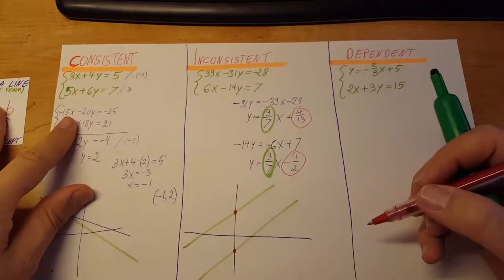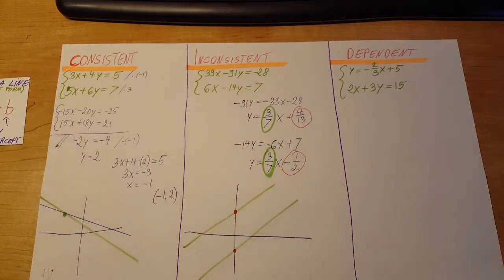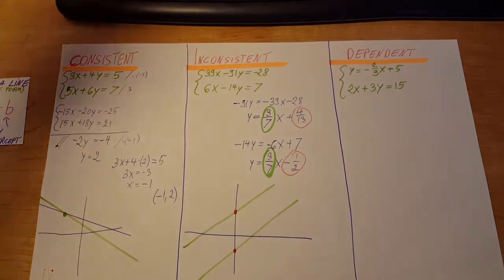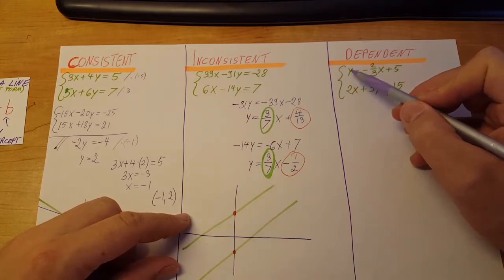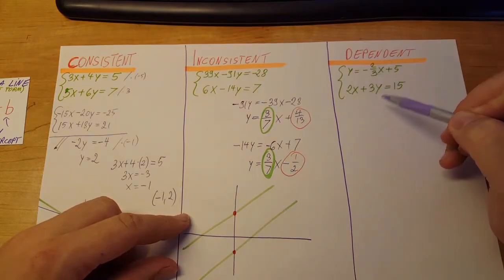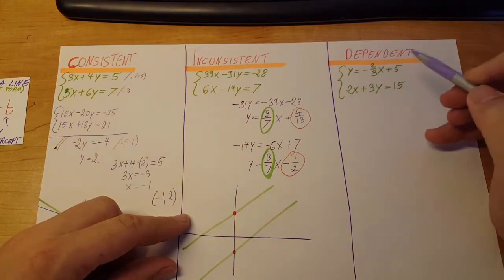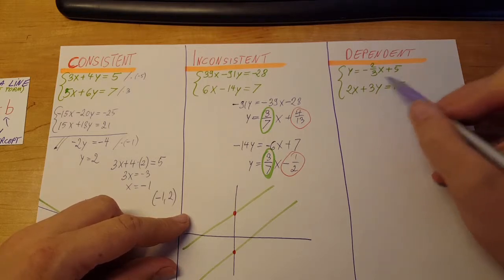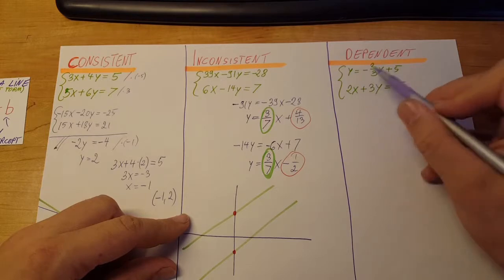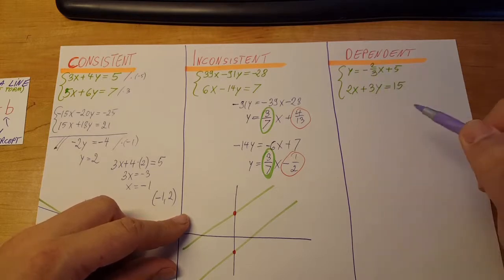Now let's look at the dependent system of equations. Here, the first equation, y equals negative 2/3 x plus 5, we'll leave that one alone, and let's turn this equation into the same form as that and let's see how it looks.